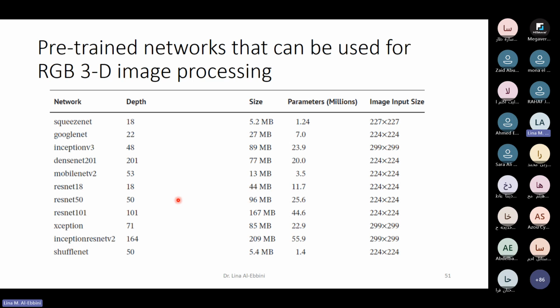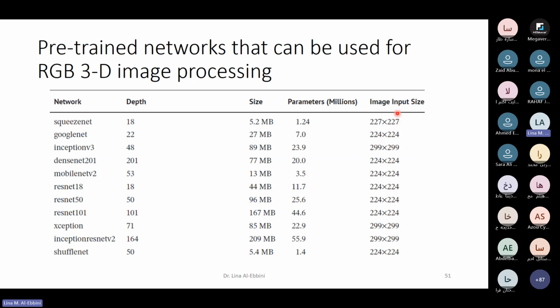This table shows pre-trained networks that can be used for RGB 3D image processing. There are several types of networks, for example SqueezeNet, GoogleNet, and most of them have algorithms that can be coded easily using Python, TensorFlow, or MATLAB, any programming language. Here we have the size of each network, the depth in terms of the number of layers, and the size in terms of the number of parameters, in millions of parameters.